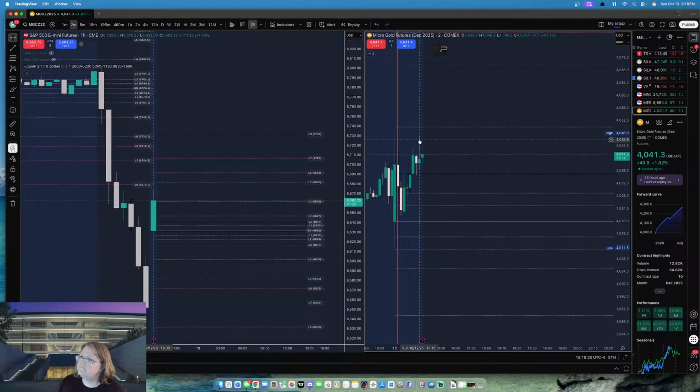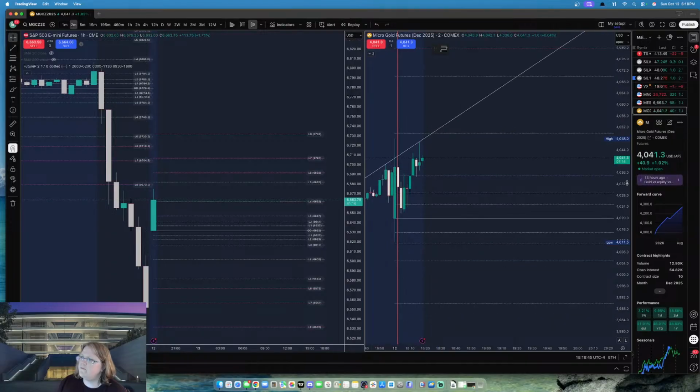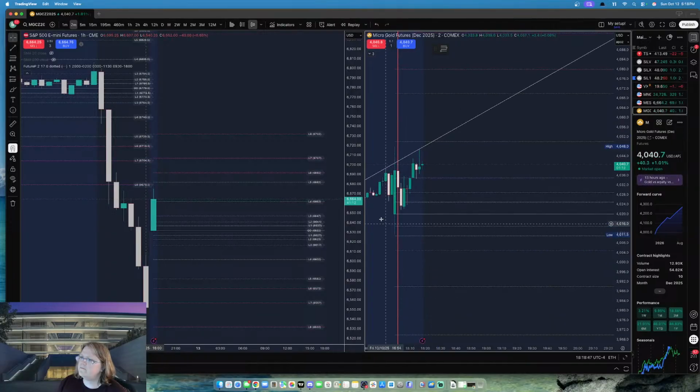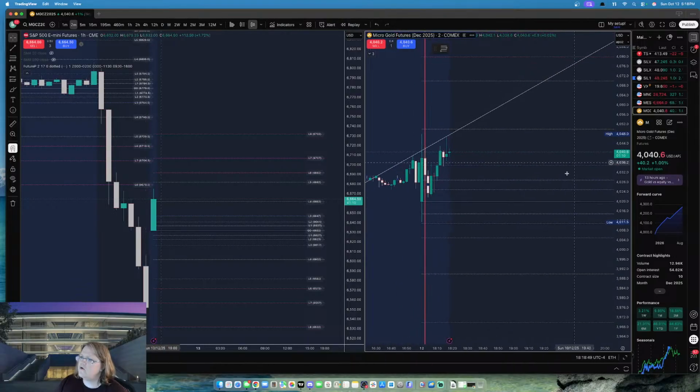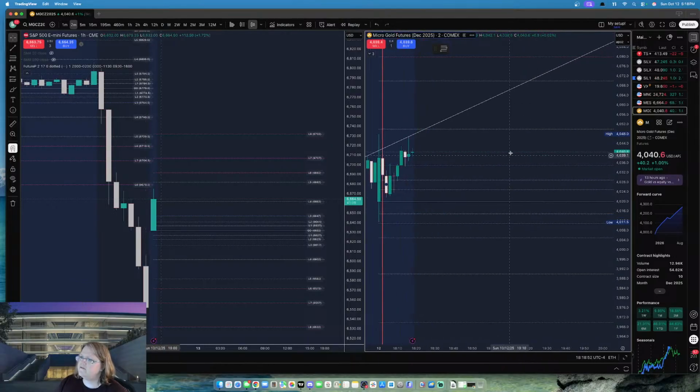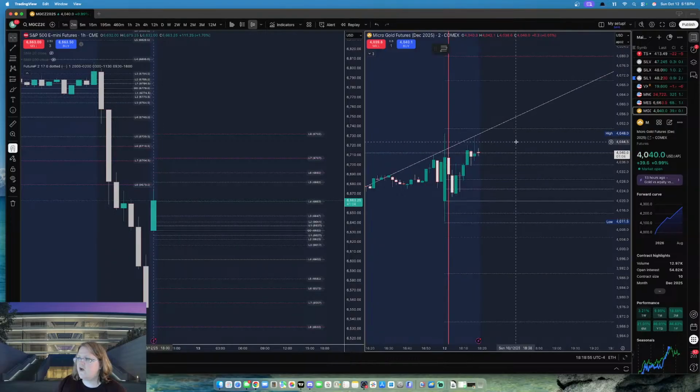So you can draw a broadening formation here, draw a broadening formation there, probably here to here as well. So yeah, same scenario though. It just opened high, shot up, and then now is just consolidating.